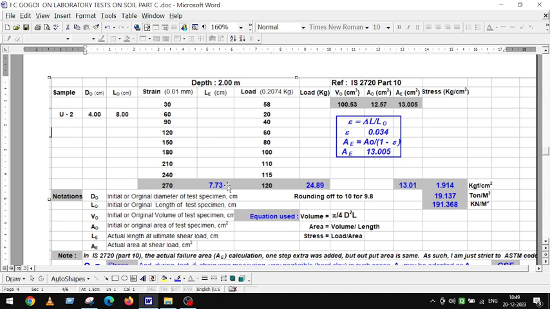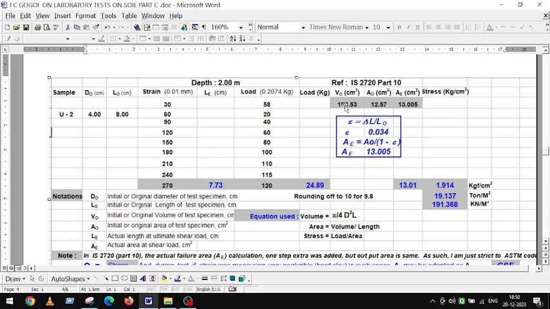This is 7.73. And if we go for the corrected area, what shall we get? As I told you, the volume shall remain constant.